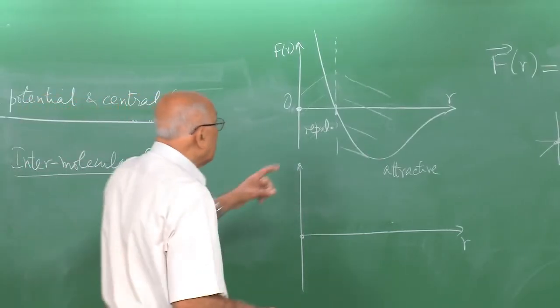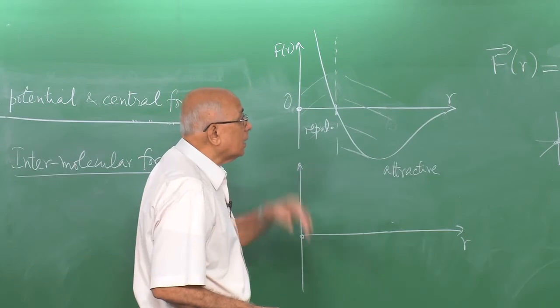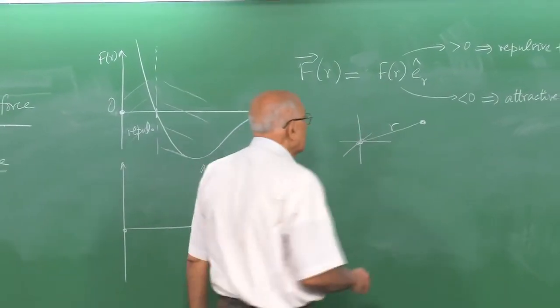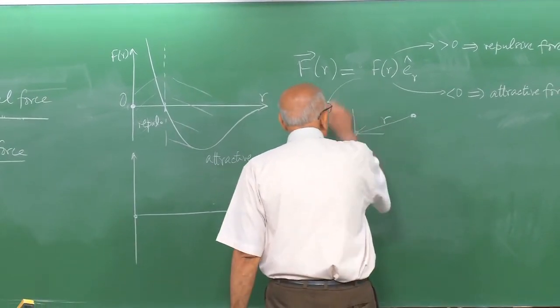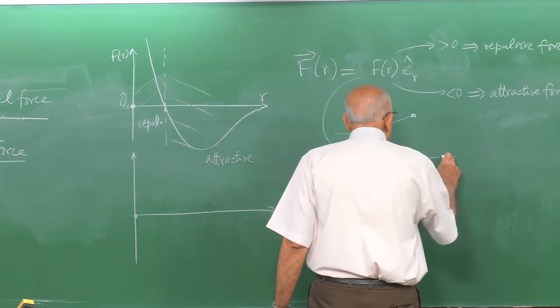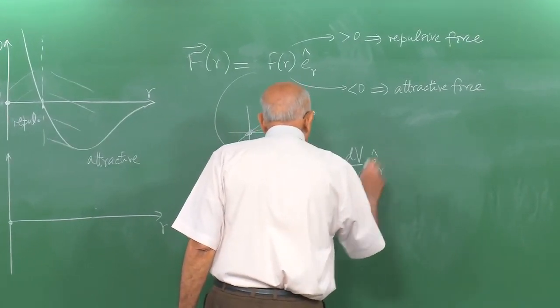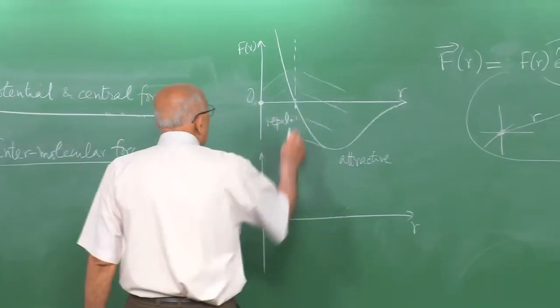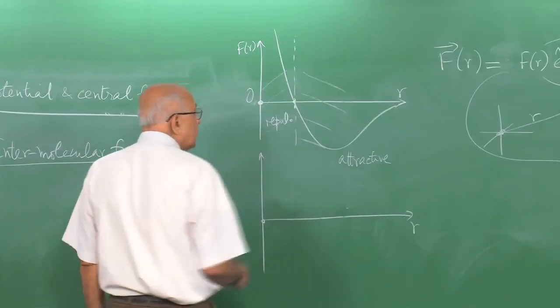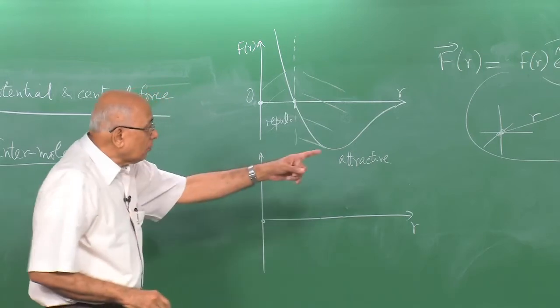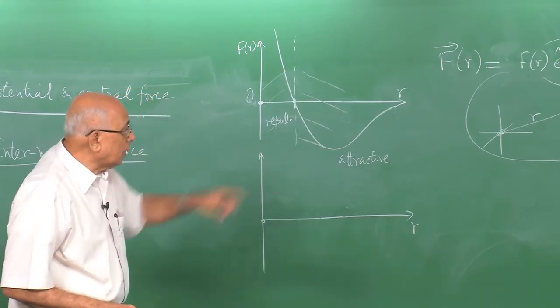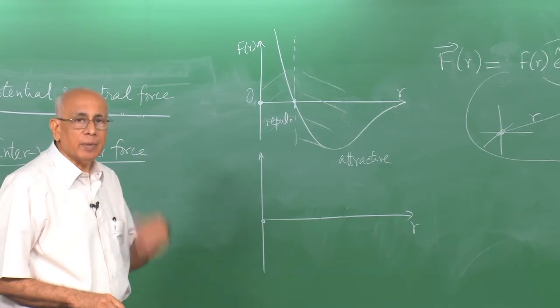Okay. Now can this be derived from a potential? And the answer is indeed yes. There is a minus dV over dr here, so this force can be written in the form minus dV over dr times E sub r, and the V of r itself has the following shape. At the point where this force is 0, since that force must come from minus dV over dr, it means V must have an extremum.